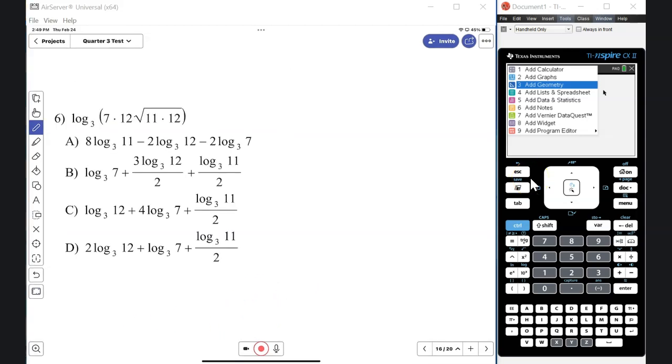So for number 6, we have base 3. We know that we have log base 3 of 7, plus log base 3 of 12 times the square root of 11 and 12.